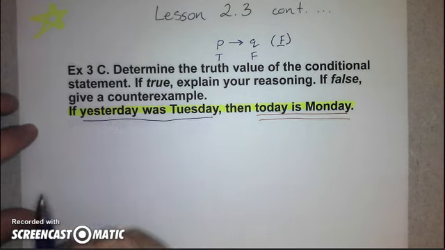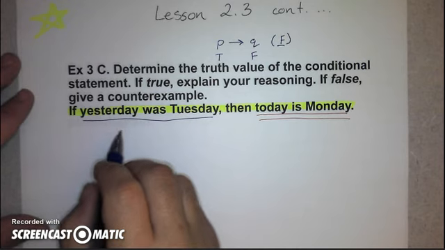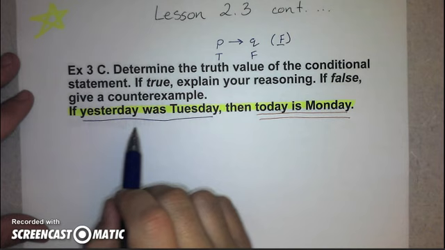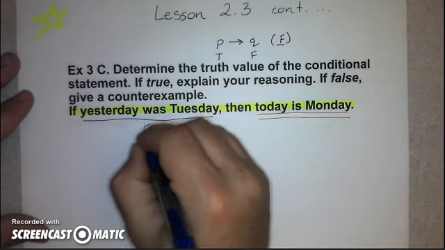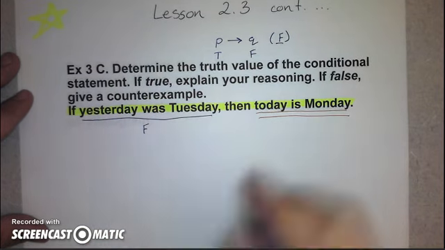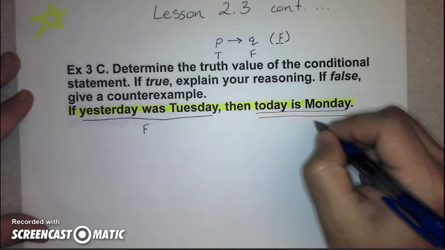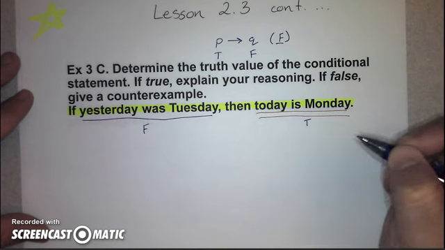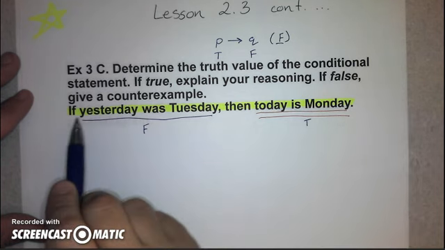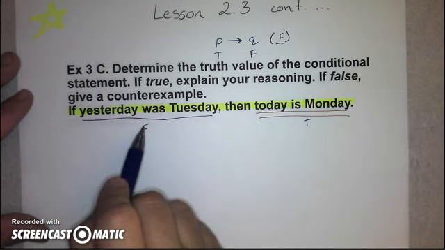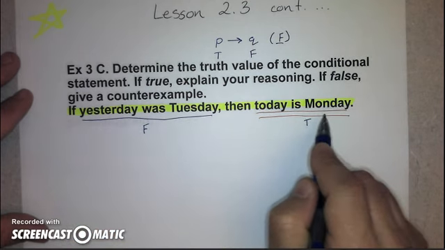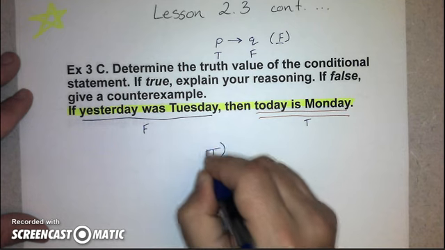If yesterday was Tuesday, so you're watching this, today is actually Monday, so this is a false statement. Then today is Monday. Today is actually Monday. But since our hypothesis was actually false, there's no way to verify that today is in fact not Monday. So we assume that the overall statement is true.